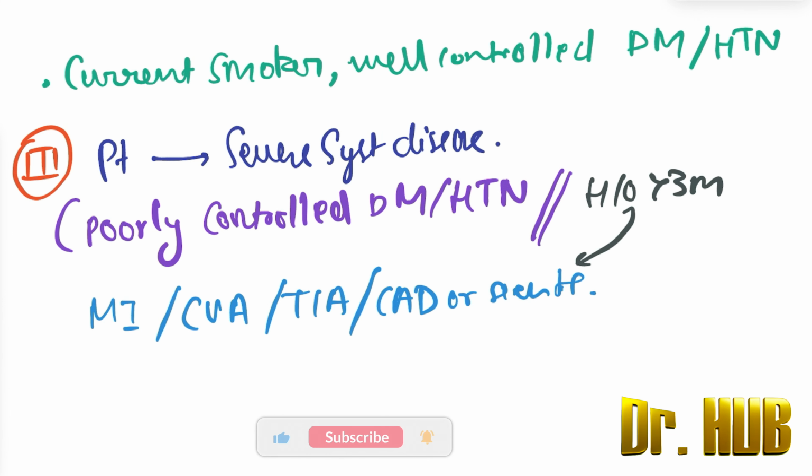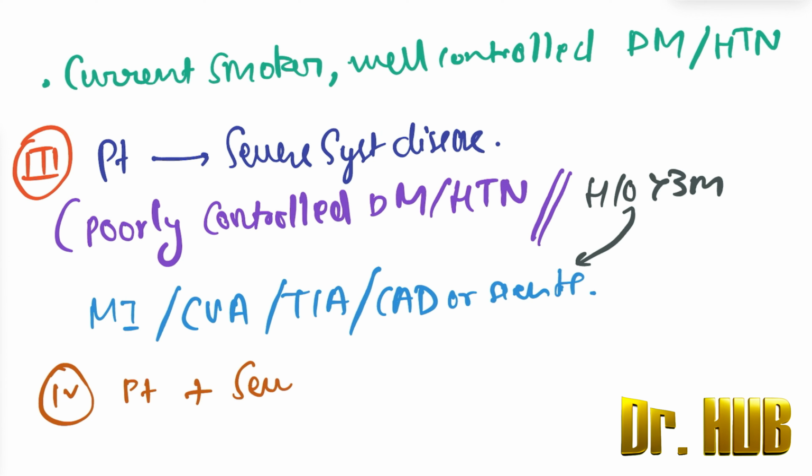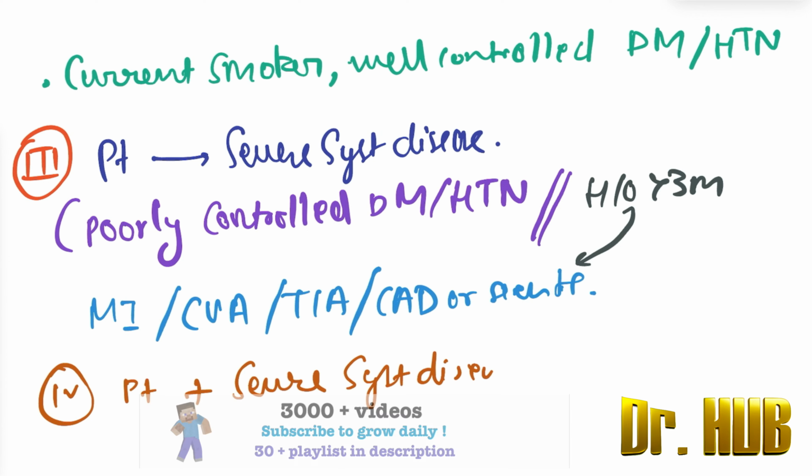Now we'll move on to class 4. Class 4 is a patient with severe systemic disease that is a constant threat to life.